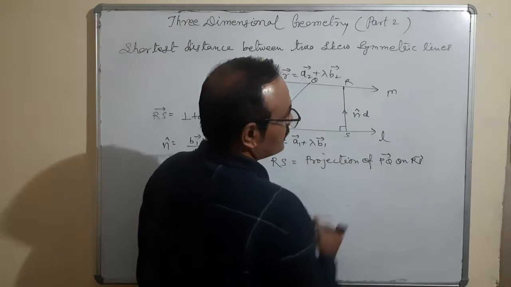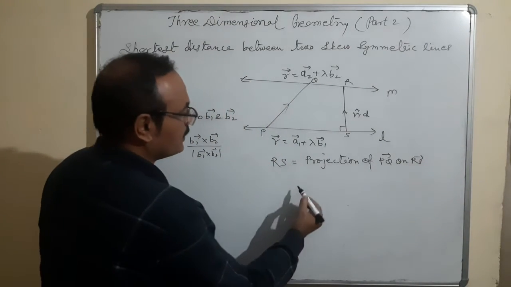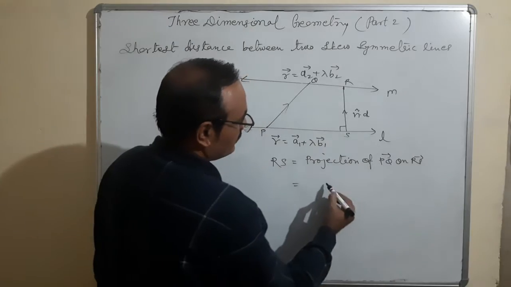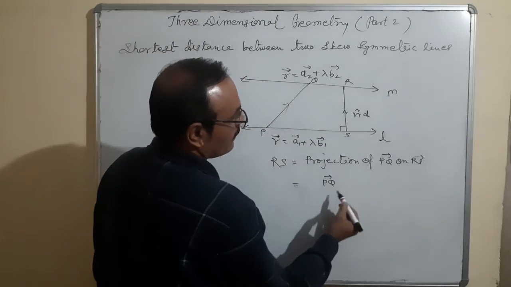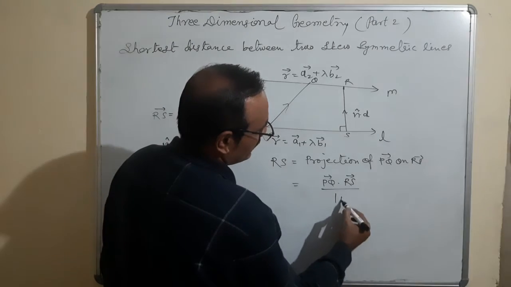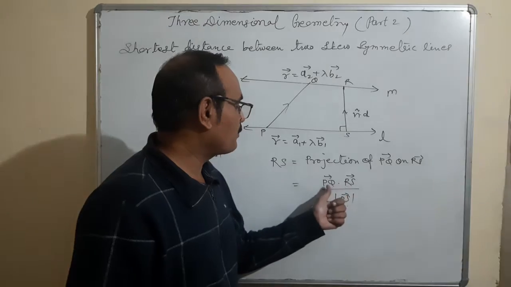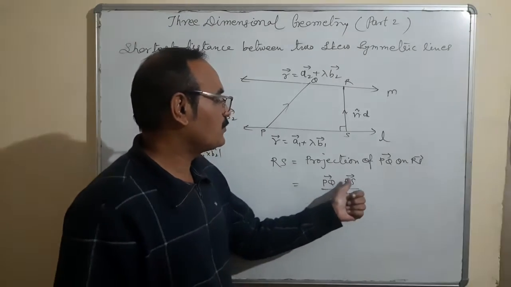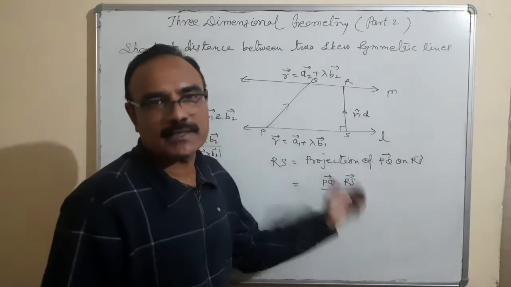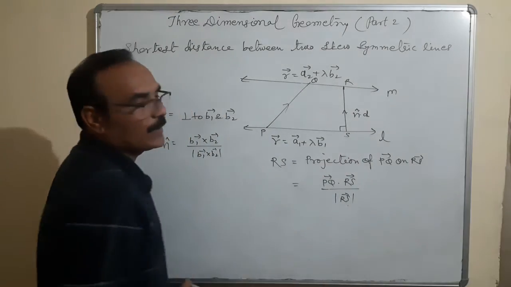And how do we define the projection of PQ on RS? We define it like this: PQ dot RS upon magnitude of RS, that is, vector PQ dot RS upon magnitude of RS. This is equal to RS, that means the distance between them.